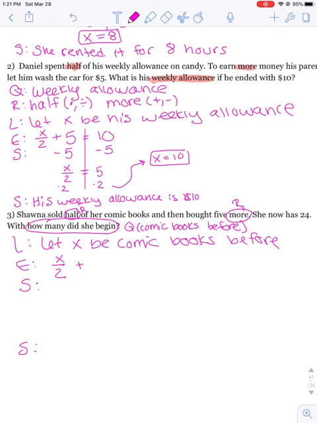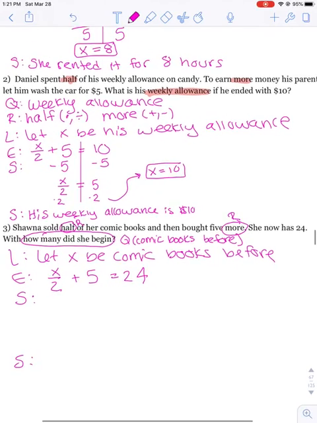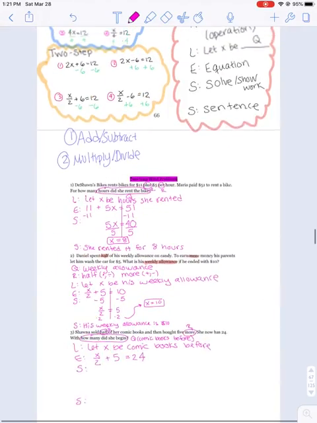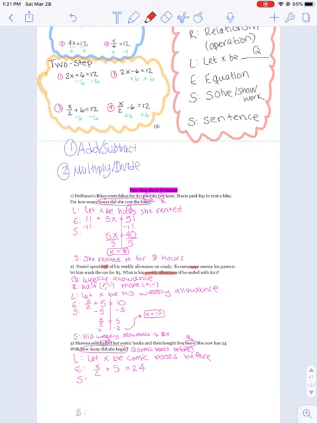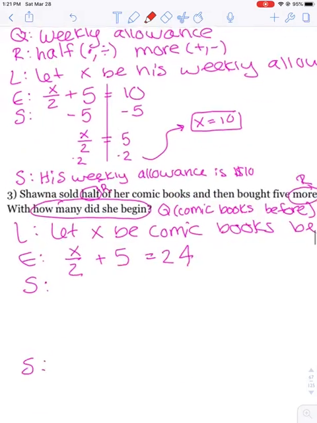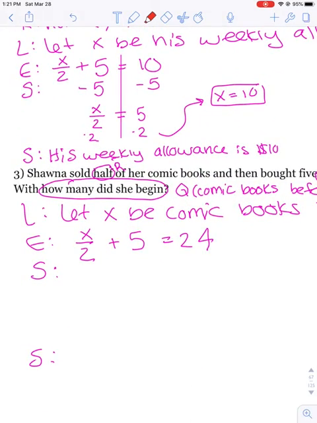All right, and then she bought 5 more, plus 5. Wow, it actually ends up being the exact same beginning of the equation from the Daniel problem on number 2. She now has 24. So I know it matches one of my 2-step equation options. It's number 3, just like the Daniel problem. It's the exact same equation, except instead of a 10, there's a 24.